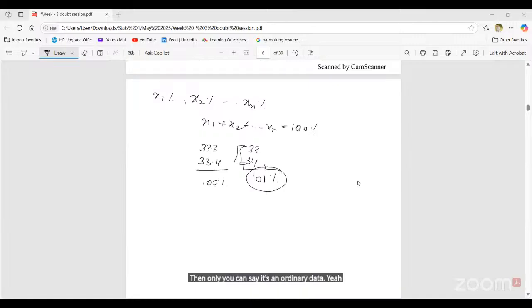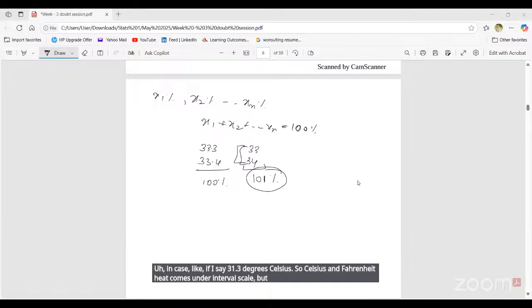One more doubt, ma'am. You talked about intervals, that ratio, that is fractions, cannot be defined for an interval scale. If I say 31.3 degrees Celsius, Celsius and Fahrenheit come under the interval scale, but they do have decimal values. No, we are not talking about decimal values.